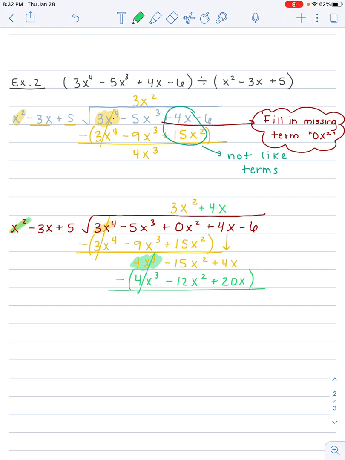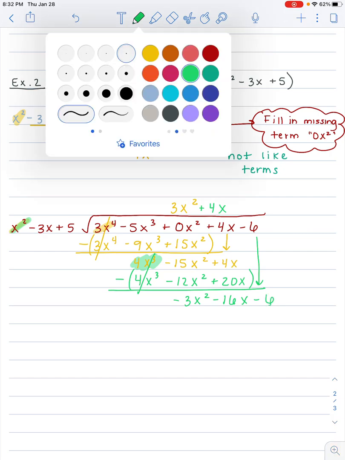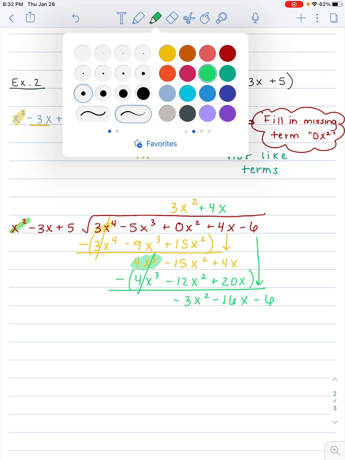We're going to subtract both of those. 4x cubed minus 4x cubed is 0. Negative 15x squared minus a negative 12x squared will give me negative 3x squared. 4x minus 20x is negative 16x. Drop down your next term, negative 6.